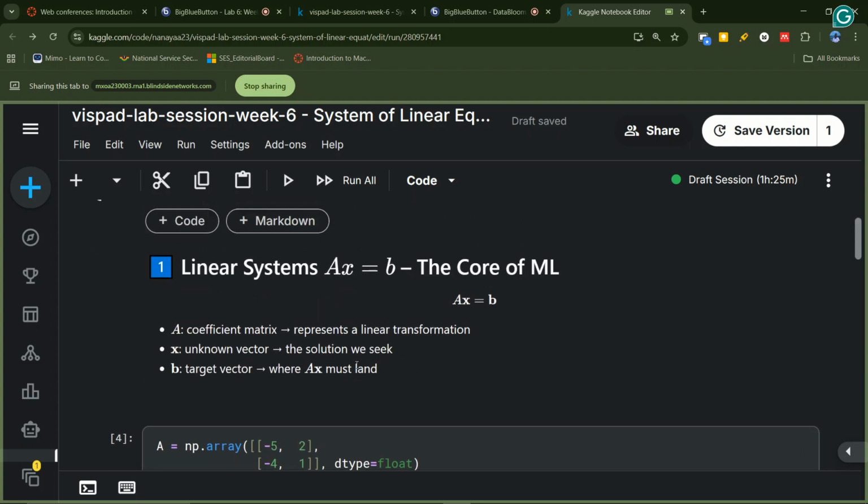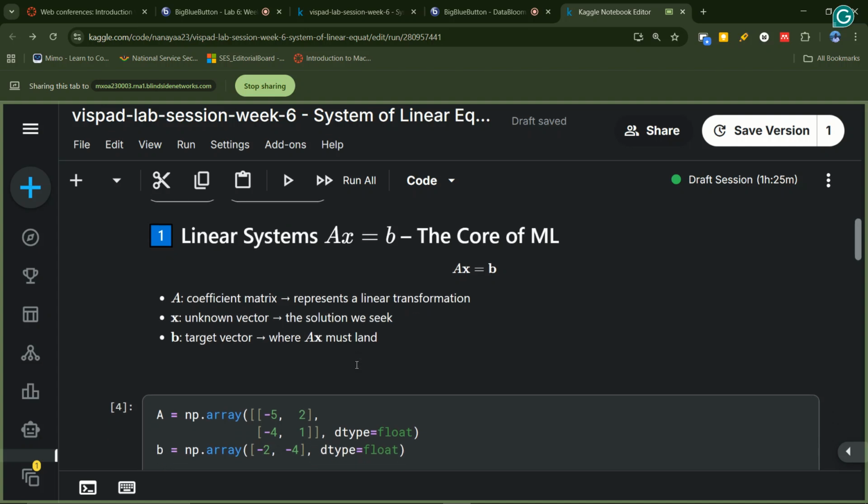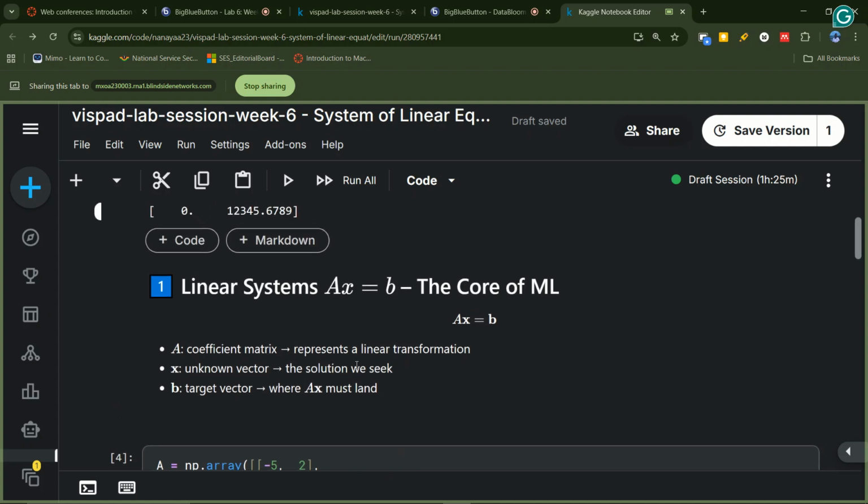Our very first concept to be talking about will be linear systems, that is AX equal to B, and how it is the core of machine learning. Over the past 2 to 3 weeks, we've been talking about linear systems.